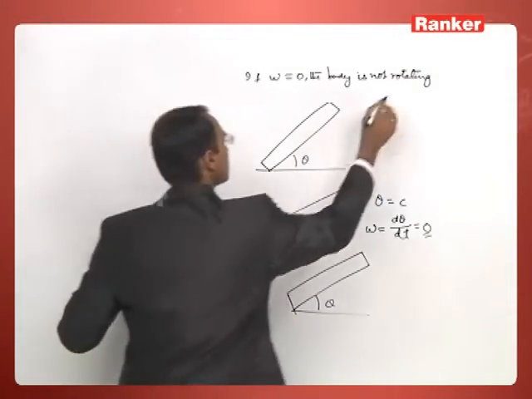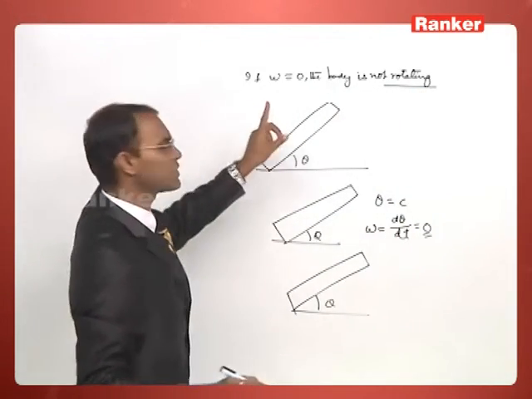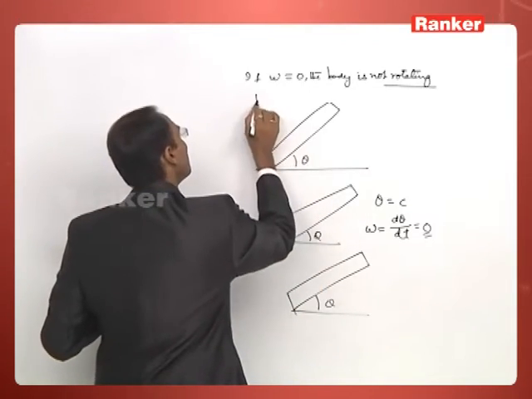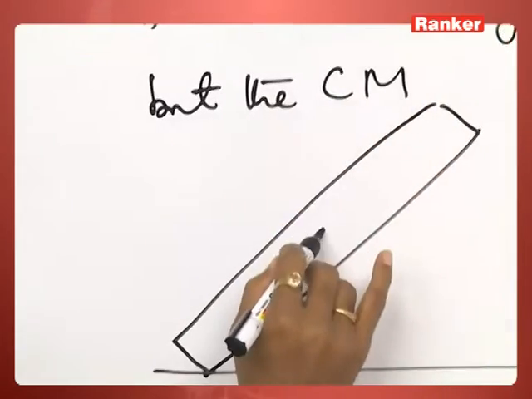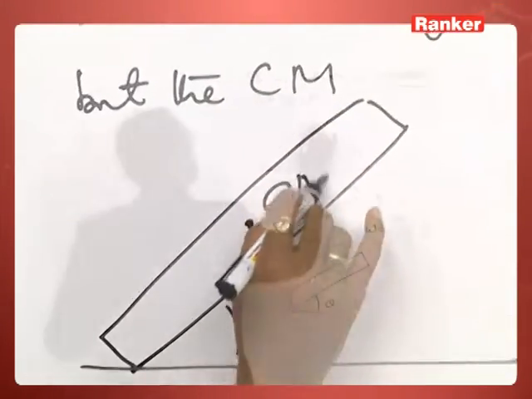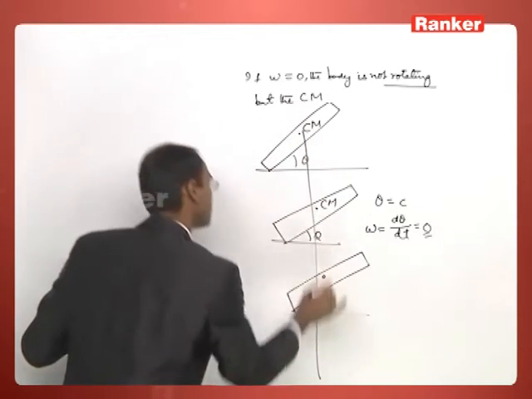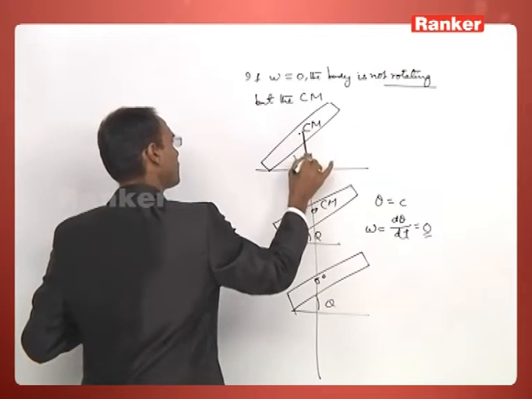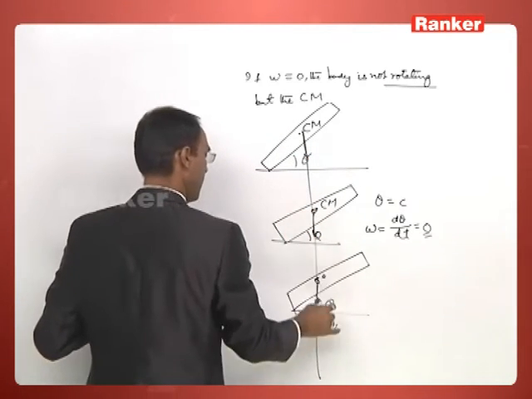The body is not rotating. For non-rotation, if the body does not rotate, omega must be 0. This is the condition. But the center of mass of the body falls freely, moves with increasing speed with an acceleration g.